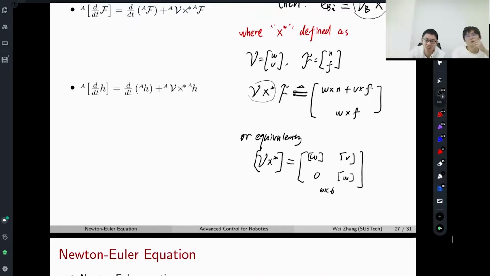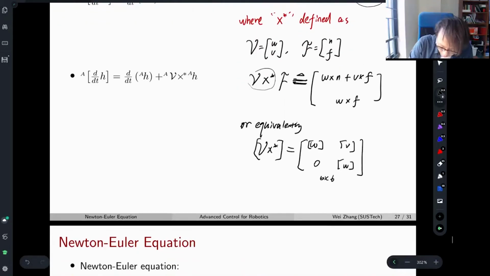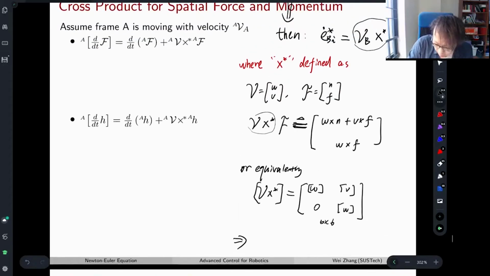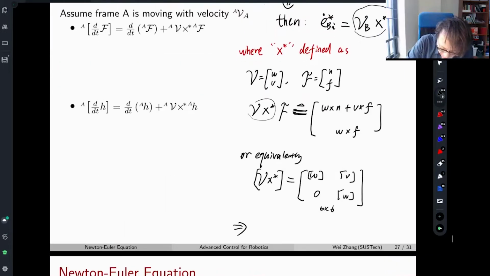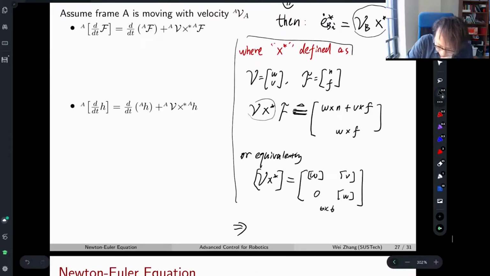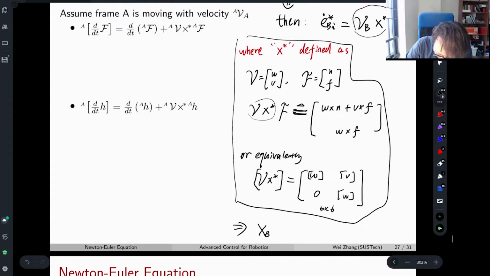That's the definition, and based on this, because each vector is multiplied by the same thing, these are side notes. Based on this, we have x_B star dot actually equal to this v cross star x_B star.